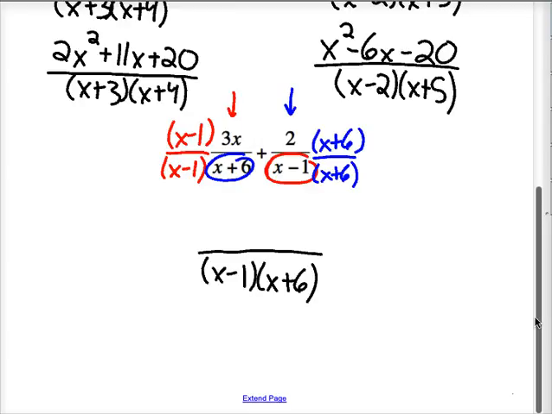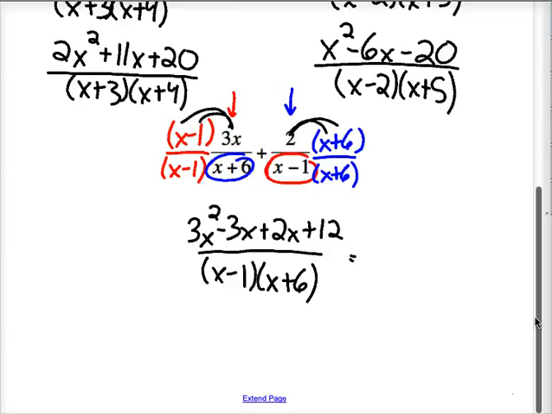And now for the rest of it, all I do is simplify. So I'm going to distribute that 3x to both of these. So I end up with a 3x squared minus 3x. Same thing, distribute the 2. So plus 2x plus 12.